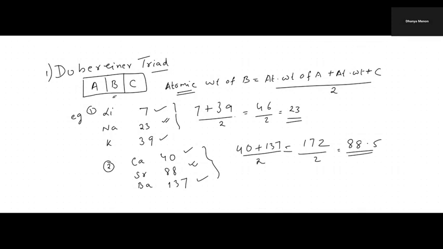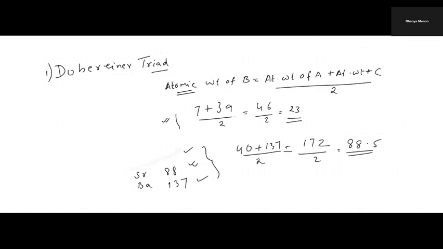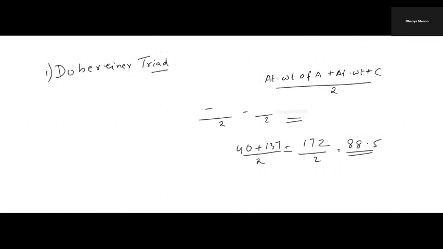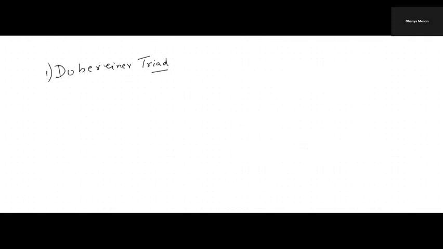Now, some of the successes of this triad were that the elements were grouped based on atomic weight, and the properties were similar.